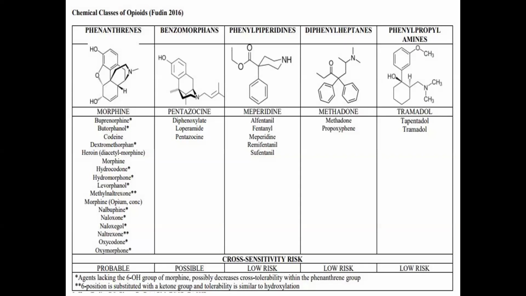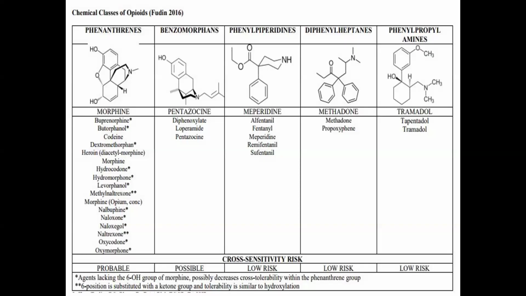Methadone is well known to have NMDA antagonist activity, and thus it's very useful in neuropathic pain and also in opioid use disorders.